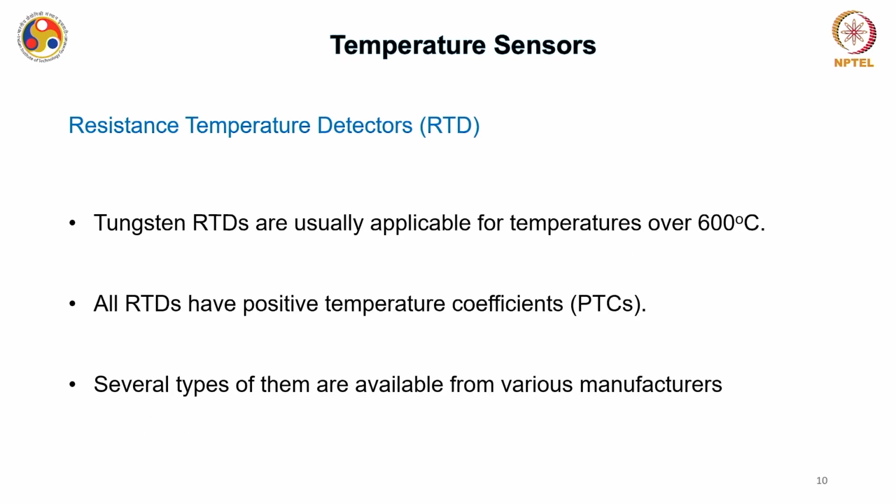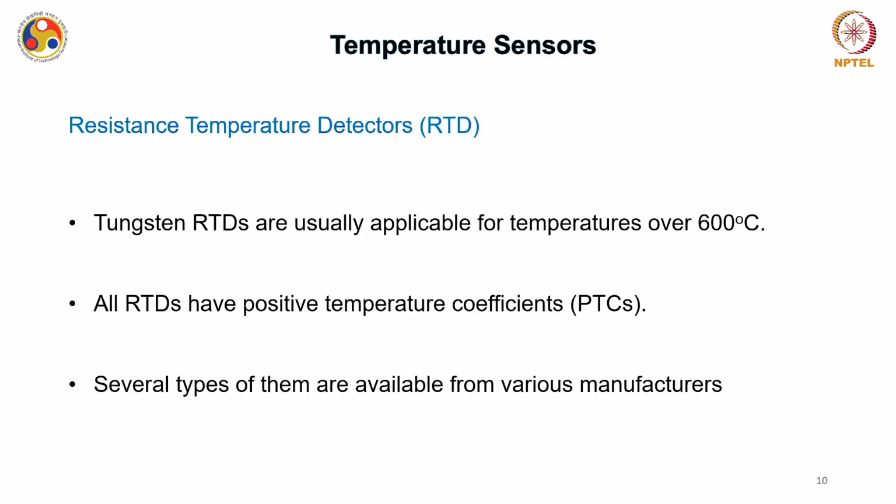Tungsten RTDs do exist, but they are mostly applicable for anything higher than 600 degrees Celsius. Below 600 degrees Celsius, mostly you rely upon platinum based devices. All RTDs have a positive temperature coefficient because all these are metallic materials.